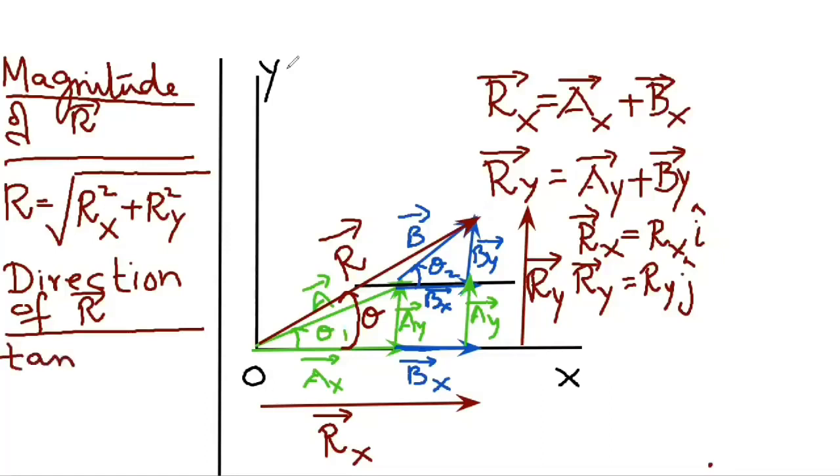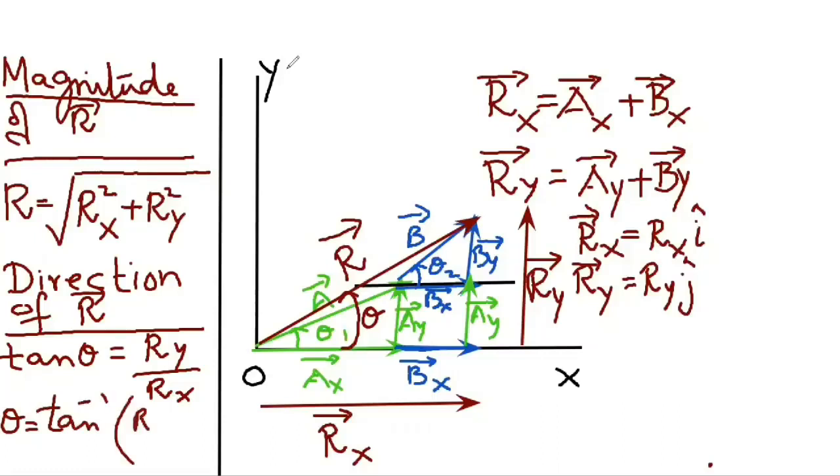So tan theta is equal to Ry over Rx. Girls, please note that I have not put any vector sign and I have not written any i hat, j hat, k hat while determining the magnitude and direction because they are simple numbers. So tan theta is equal to Ry over Rx. Keep in mind, for magnitude and direction, we will not write i hat, j hat, k hat or any vector sign.